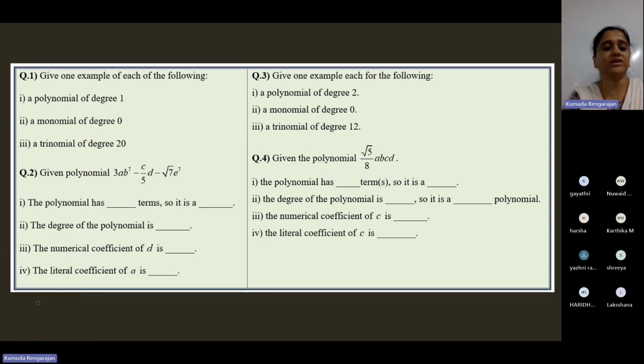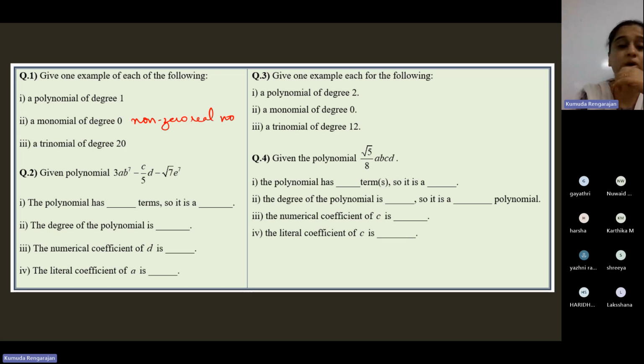For the second one, you can give any non-zero real number, any constant other than 0. Because the degree of a constant is 0. So any constant example you can give, but not 0.